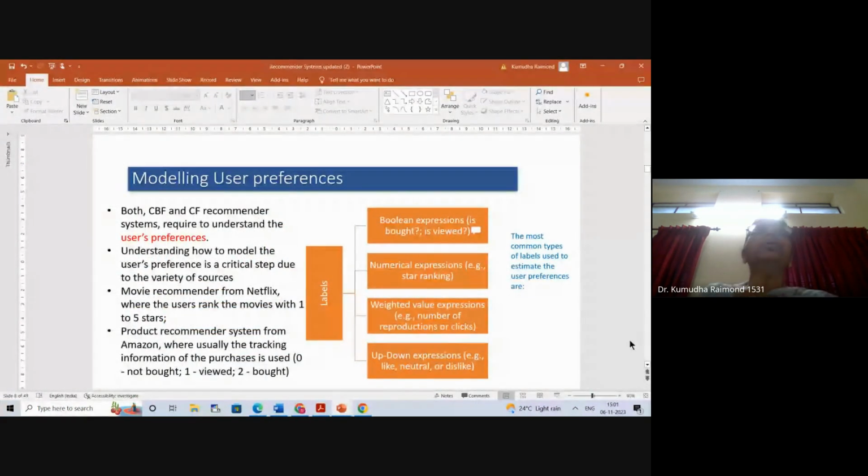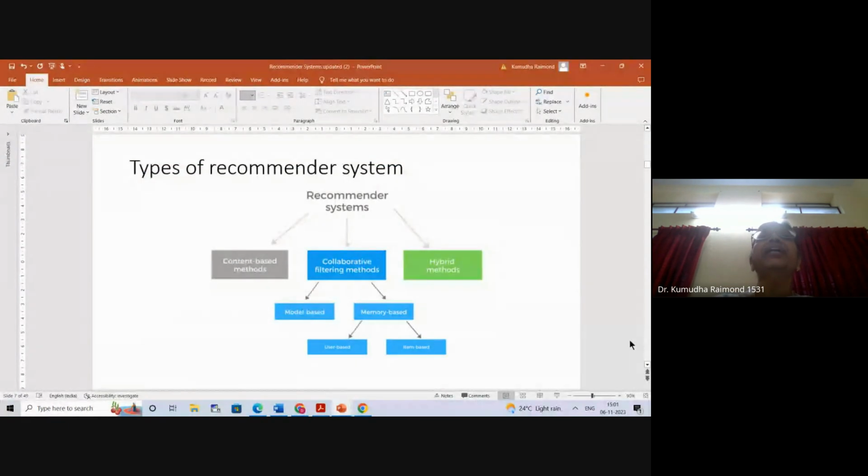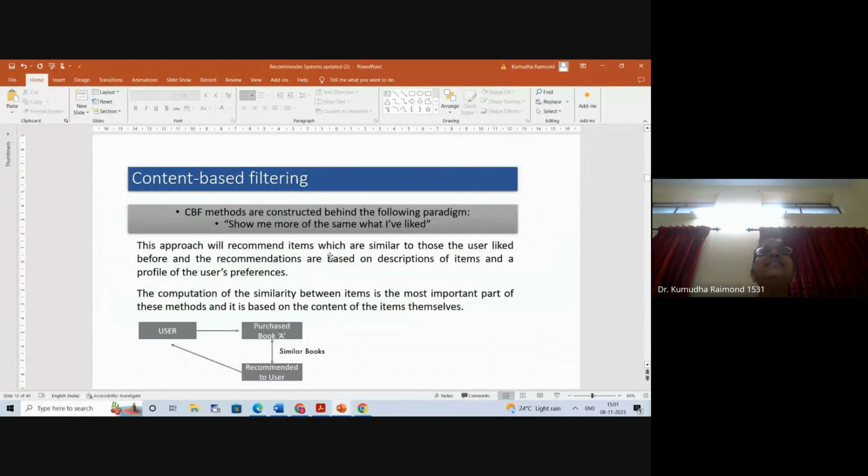Okay, so these are the model user preferences. And as I told, there are two different types of recommendation systems. One is content based, another one is collaborative based. What is actually content based? Content based means: show me more of what I have liked.